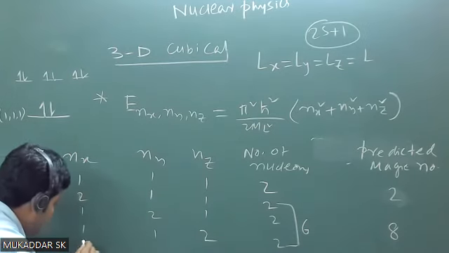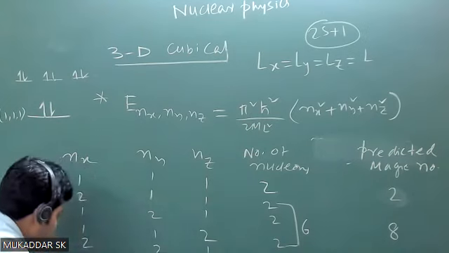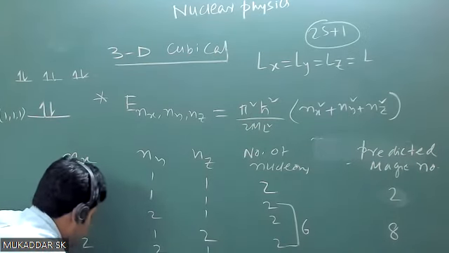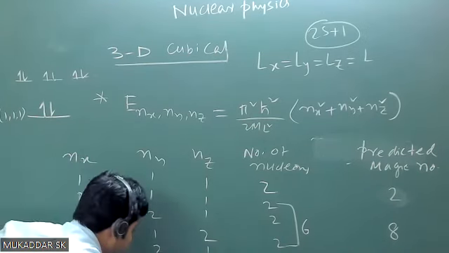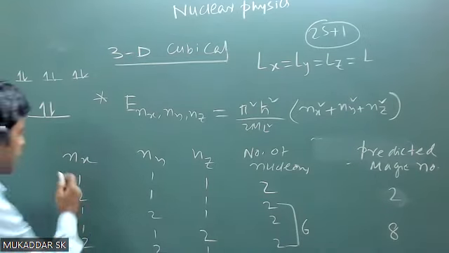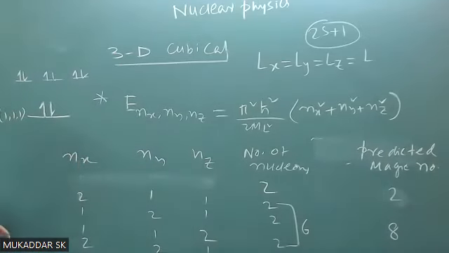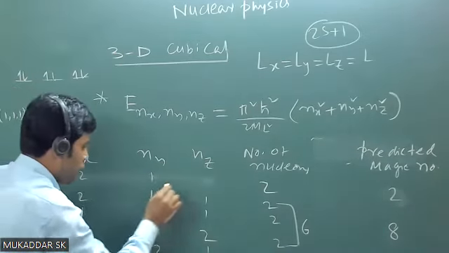Then again the second excited state is like 2 on, or on 2 on, or on 2, and what else can it be? And what else? 2 1 2. Exactly, 2 on 2.